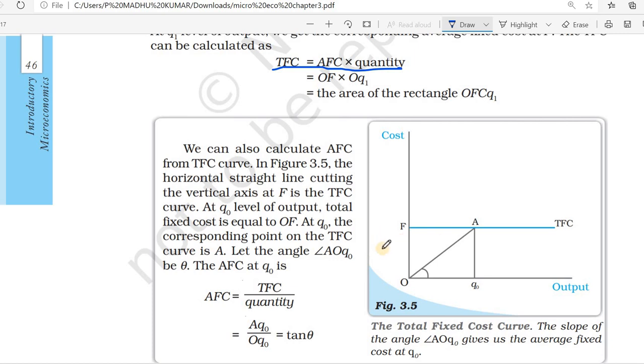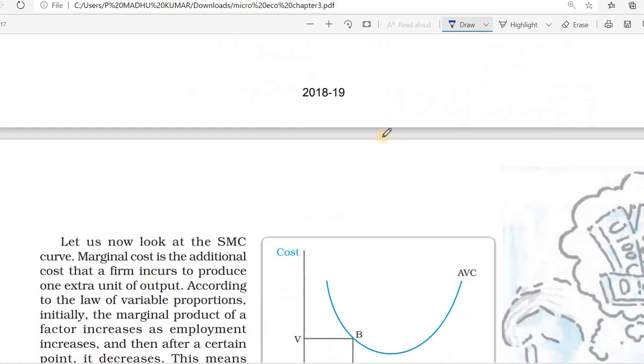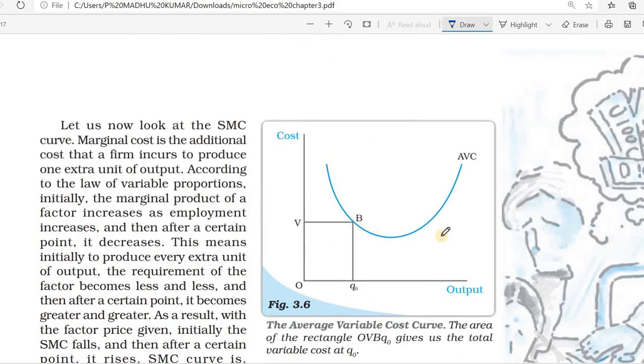We are not varying the values. When production increases, total fixed cost is the same. That is the reason it is a horizontal straight line. What is the equation? Average fixed cost equals total fixed cost divided by quantity. Now this is the shape of the average variable cost.